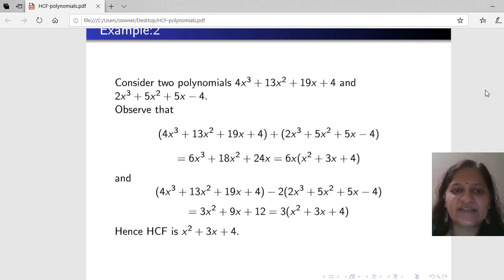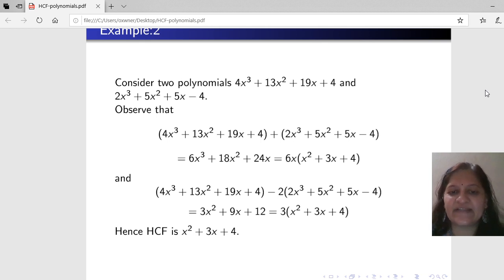Now look at the highest powers. They are 4x cube and 2x cube. So if we multiply the second polynomial by 2 and subtract that from the first, then we get 3 into bracket x square plus 3x plus 4. Now just look at the pair of polynomials 6x into x square plus 3x plus 4 and 3 into x square plus 3x plus 4.